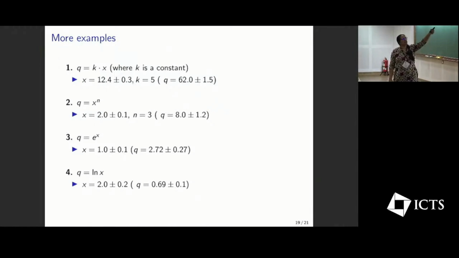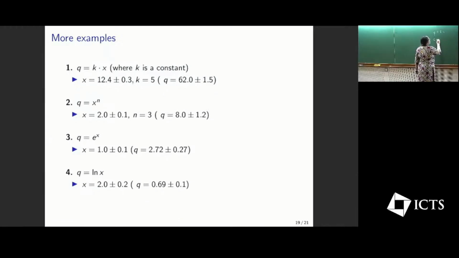So in the first case, what do you think? Q equals kx, right? So what do you think delta Q should be? How is it related to delta x? Okay, fine. This is k delta x.